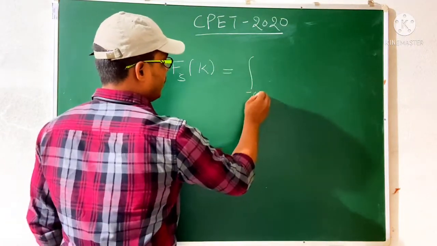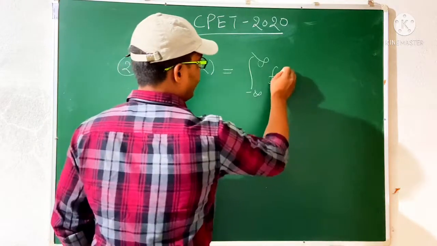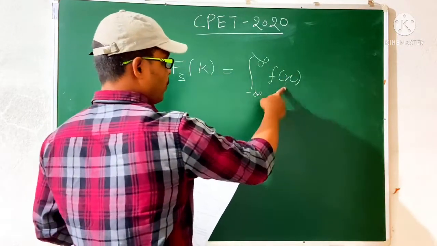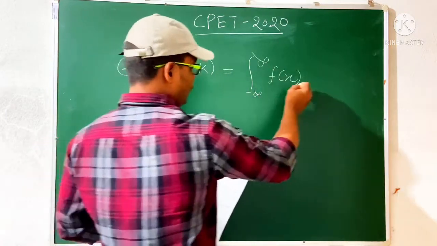So this is nothing but the integral from minus infinity to infinity of f of x e to the power ikx dx. This is the Fourier transform of f of x.